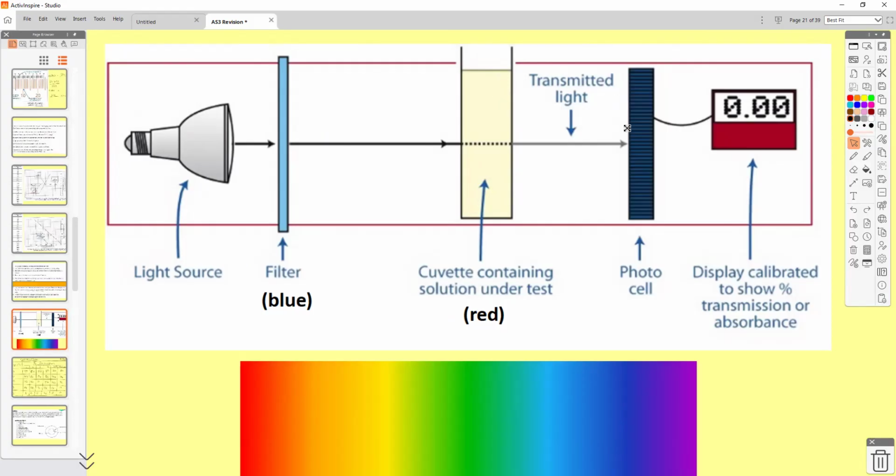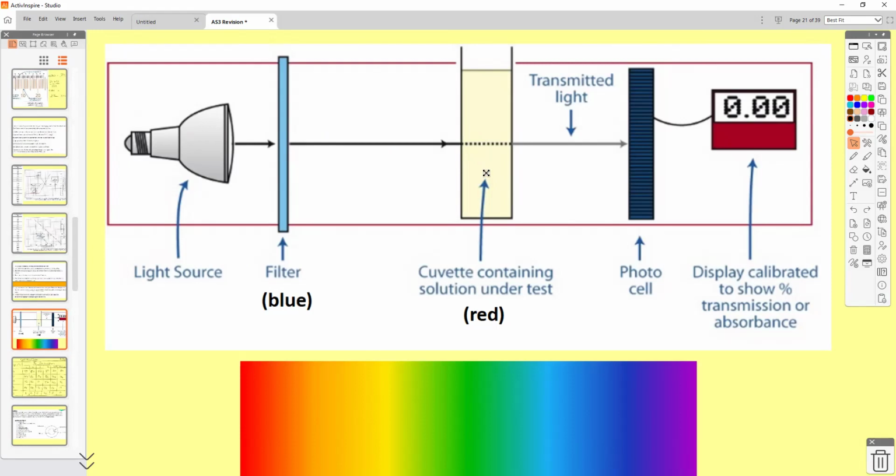Then you also have a photocell, which gives you a digital readout. Okay, so white light shines through here. If it's a blue filter, that will allow blue light to pass through and absorb the other different types of light. If blue light then hits red light, the blue light gets absorbed by the red, and you would have 0% transmission or 100% absorbance.